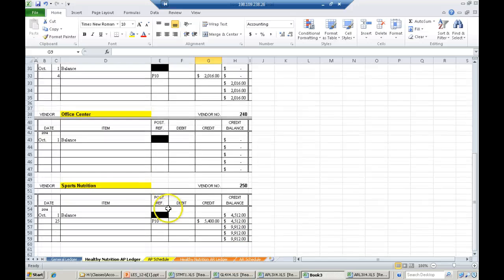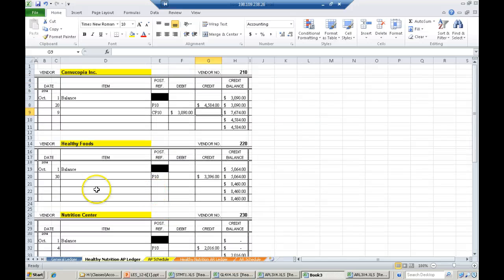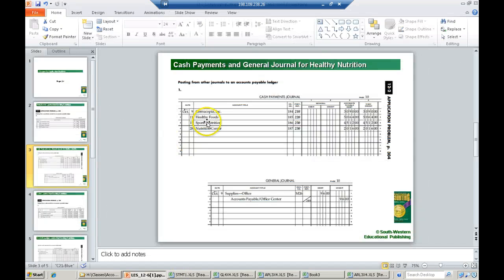Next, Healthy Foods on the 11th, $50.64. Let's find Healthy Foods on the 11th. Again, CP10. This is going to be a debit amount because we're paying them back, of $5,064. Again, notice my totals change here. Next transaction, Sports Nutrition on the 15th for $45.12.